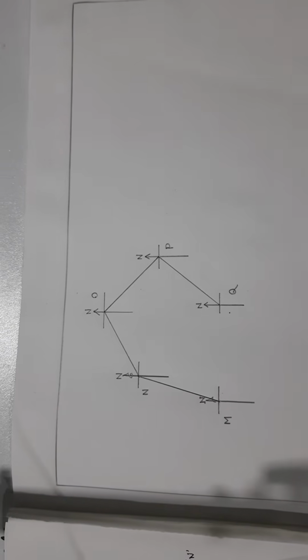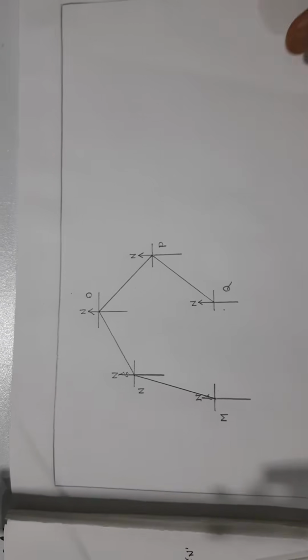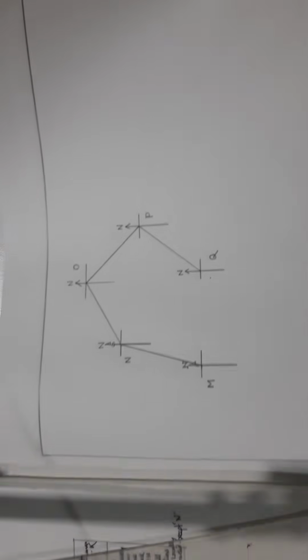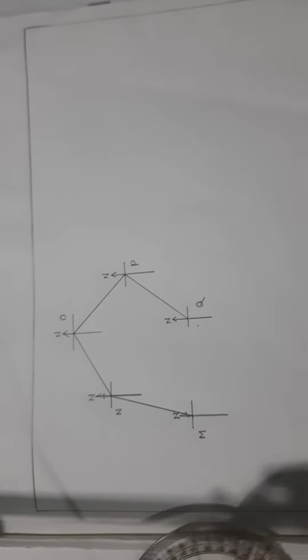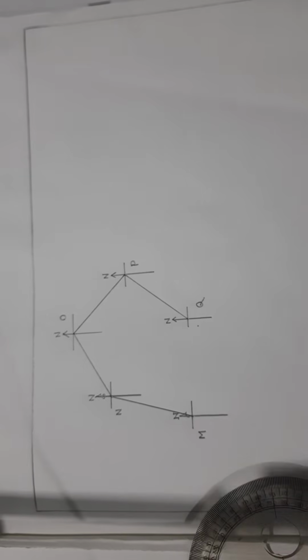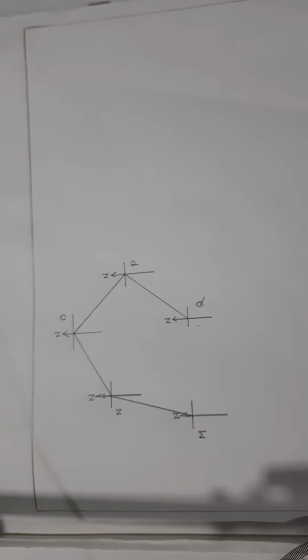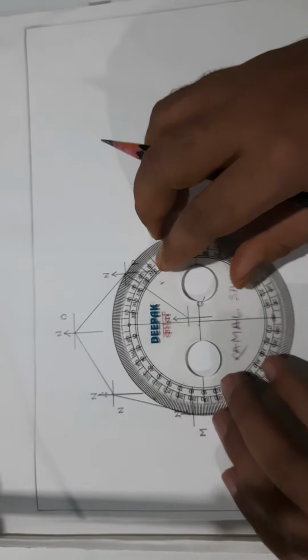And finally the last station. As it is a closed traverse, the beginning point and ending point should coincide with each other, but sometimes they fail to meet each other.